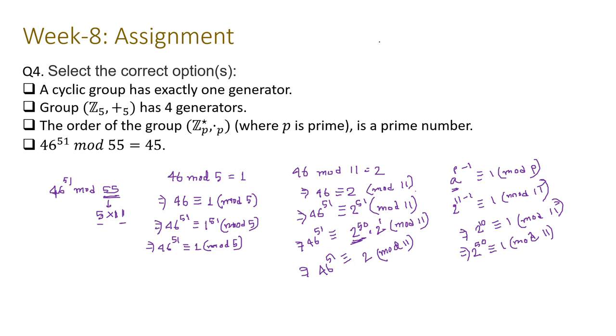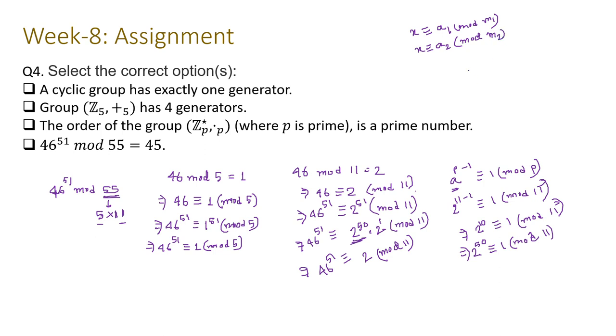so basically what do you want to solve? In the Chinese remainder theorem, we solve linear congruences like x congruent to a1 modulo m1 and x congruent to a2 modulo m2.